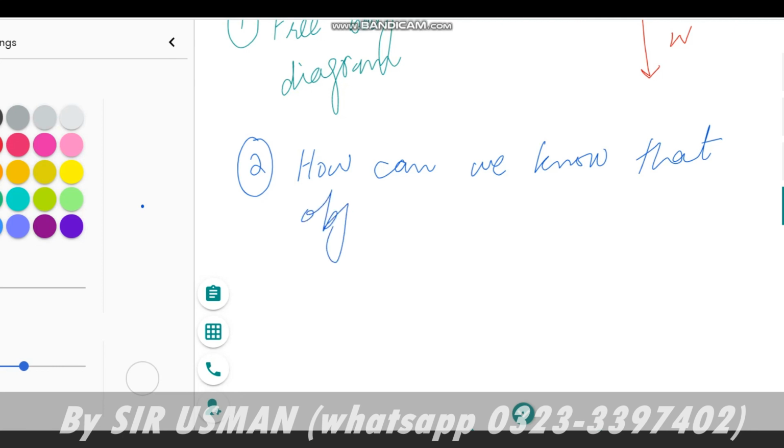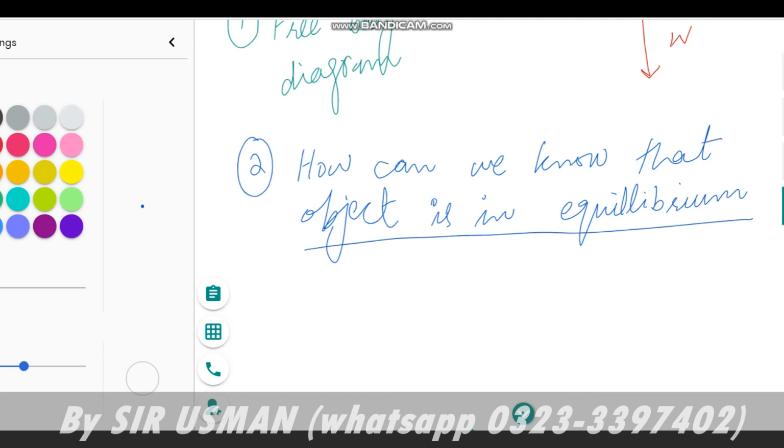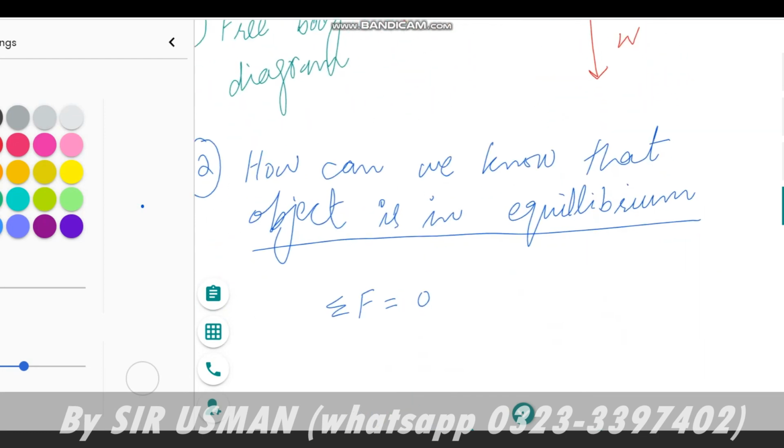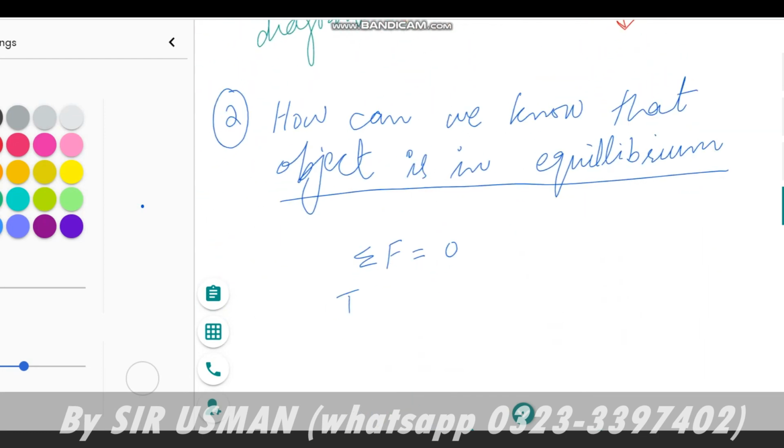There is only one possibility, that the sum of external forces acting on the object is zero. So how many forces do we have? T1, T2 and W. So T1 plus T2 plus W is equal to 0.